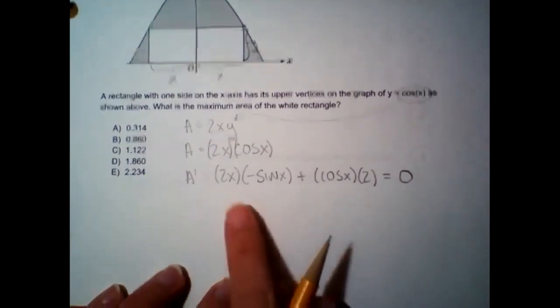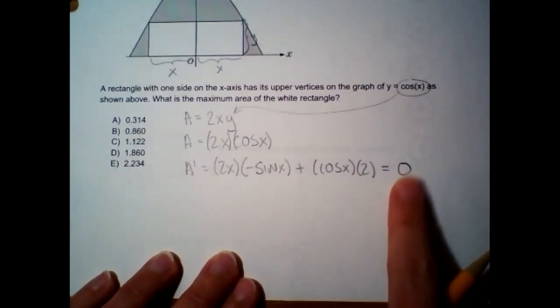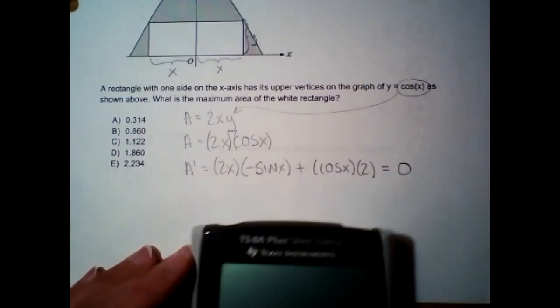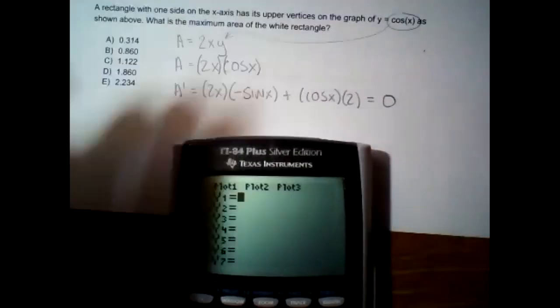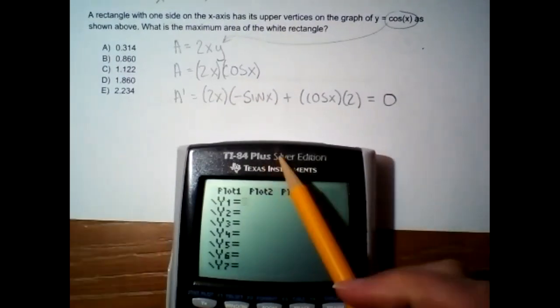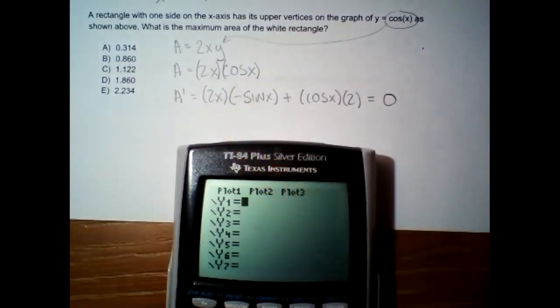And here's where the calculator is going to come in. I'm going to put this into y equals and calculate where it equals 0. So into y1, I'm going to write this as negative 2x. Let's put that negative out front for the coefficient. So negative 2x sine of x plus 2 cosine x.